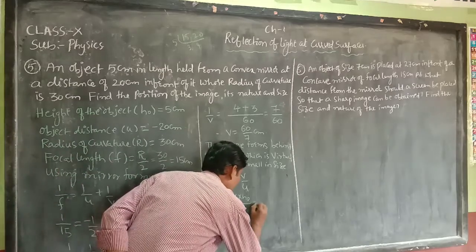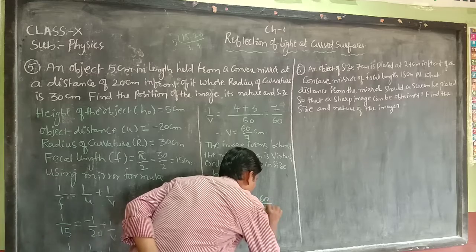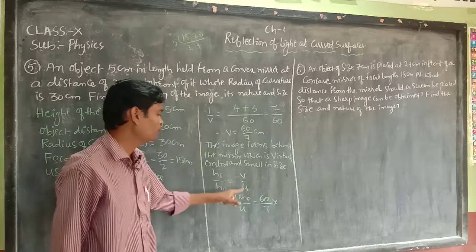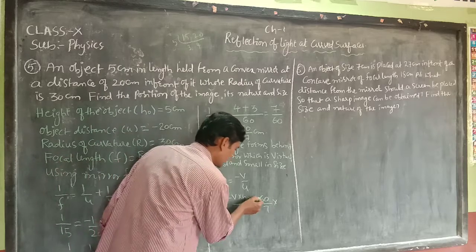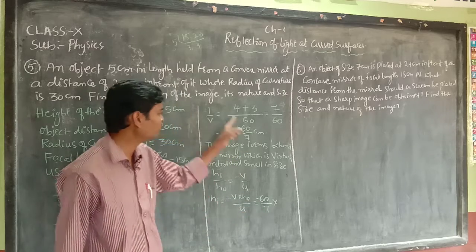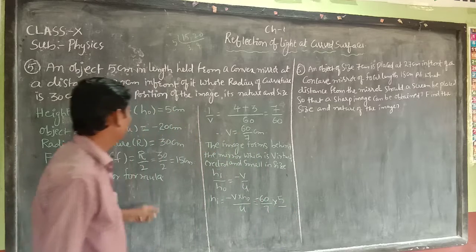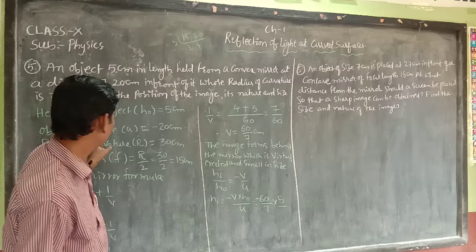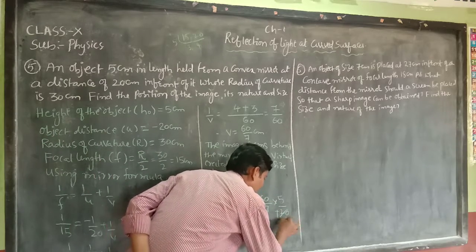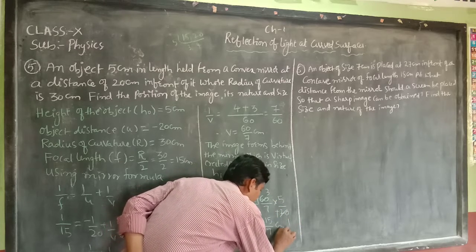Here the image distance we got is 60 by 7, so minus V is minus 60 by 7, into the height of the object, which is 5, divided by minus 20. The minus cancels, and we get 15 by 7 centimeters.